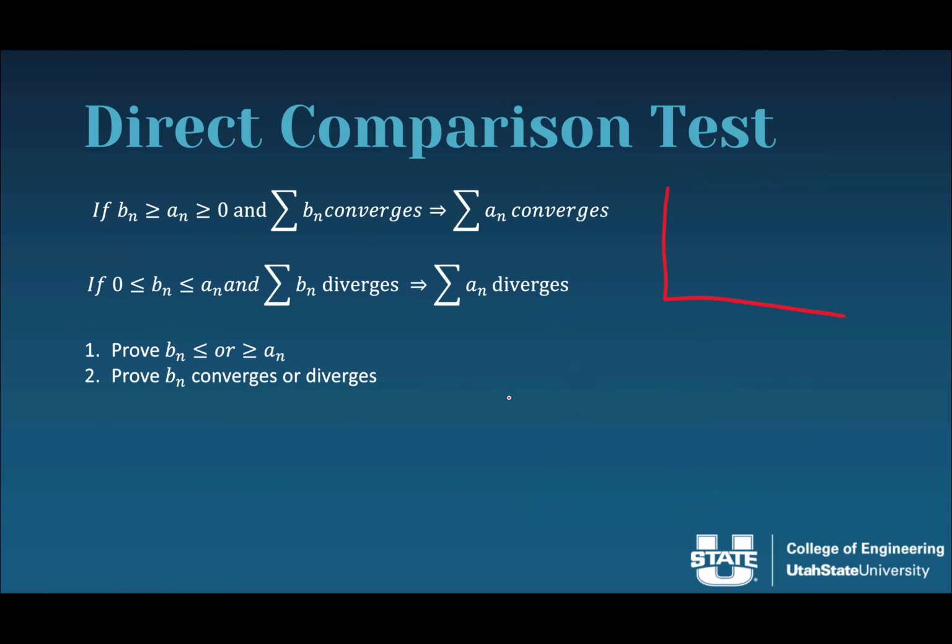Basically what the direct comparison test is saying is that if I have a sum that I can represent as something like this, and I know that it converges to some value, okay? And then I can prove that this is always going to be greater than my other function, then I know that this one, it's kind of like it's capping it. It's not letting it diverge.